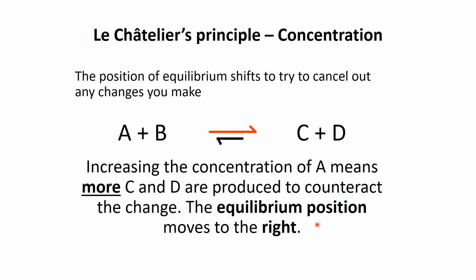The equilibrium position moves to the right. Did you get that right? Well done if you did. If you didn't, or need to add to your notes, please pause the video and do so now.